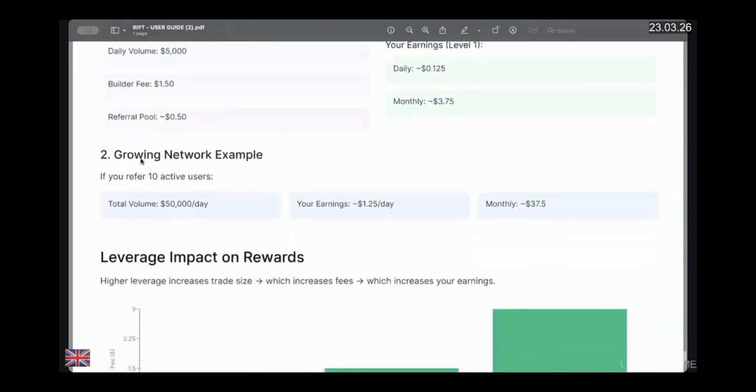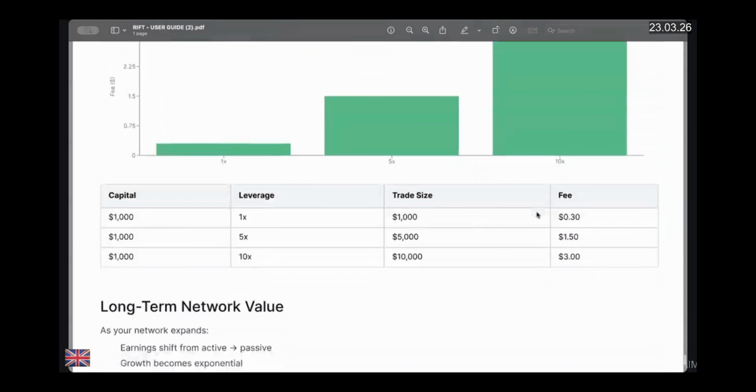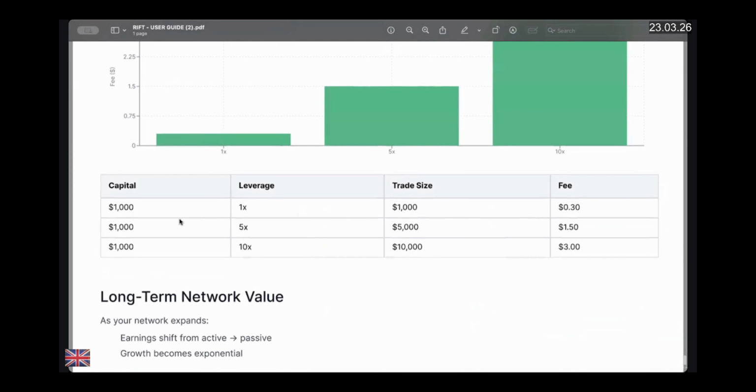If your network grows from one user to 10 and the volume is $50,000 a day, your earnings will be $1.25 a day, and monthly will be 37.5. It doubles. If it goes from 10 to 100, this can be $375 for you, and it will come from different levels. And it all depends on leverage, because you trade at a huge volume.